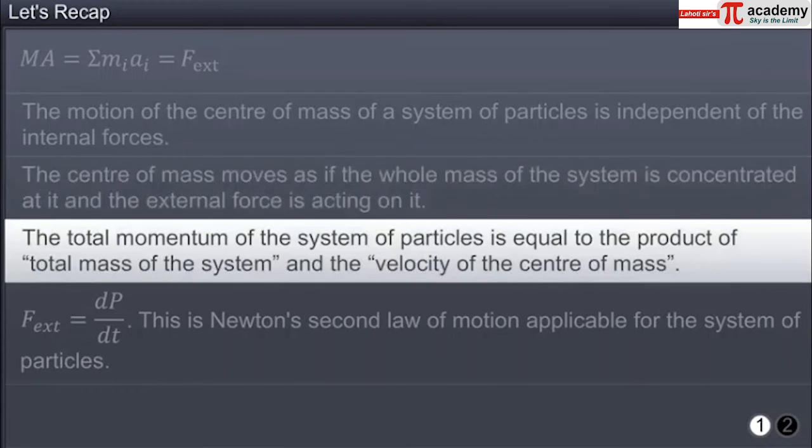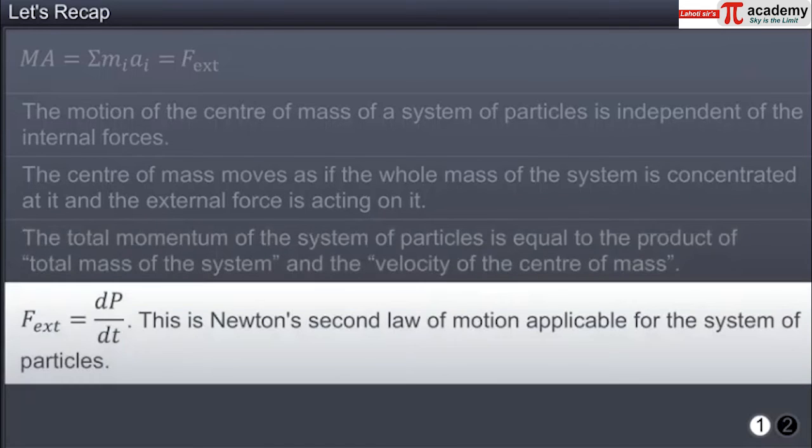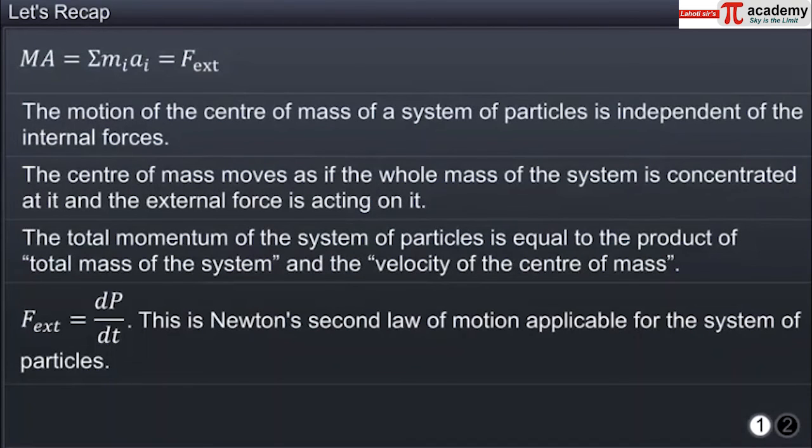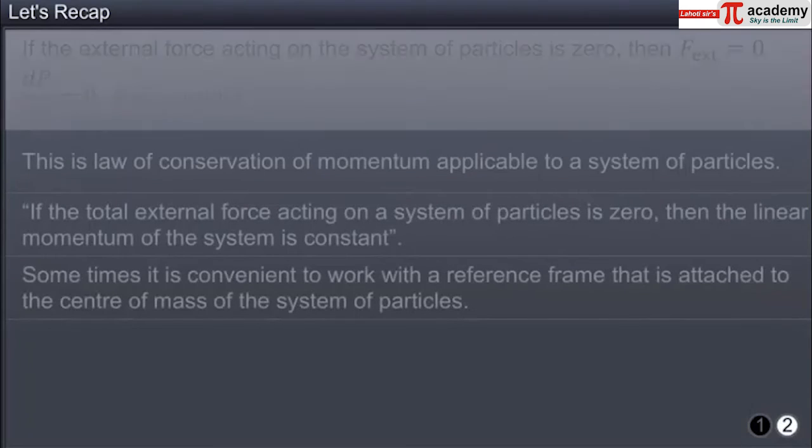The total momentum of the system of particles is equal to the product of the total mass of the system and the velocity of the center of mass. F external is equal to dp by dt. This is Newton's second law of motion applicable to the system of particles.